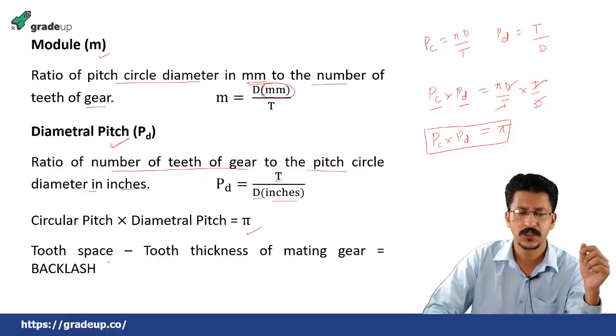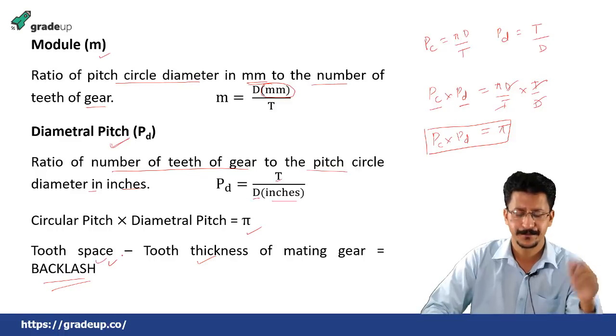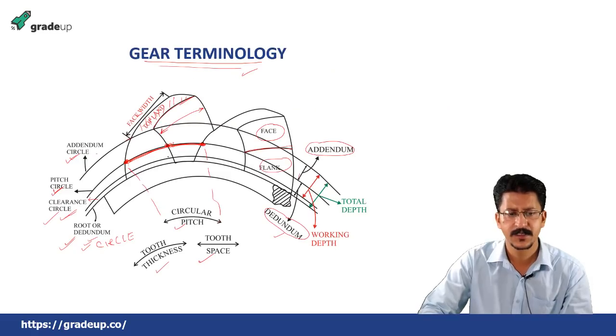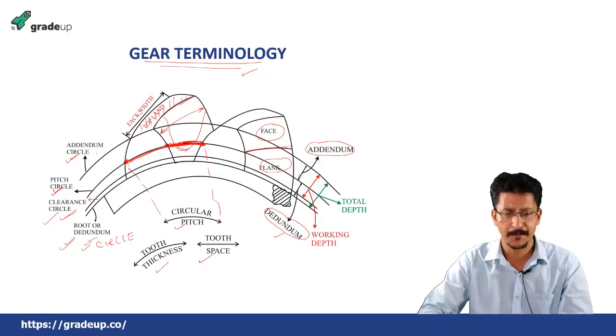Then tooth space minus the tooth thickness of the mating gear is known as backlash. We have seen that the tooth space is, let me show you once again. This is the tooth thickness, and this is the tooth space. If another gear comes in mating here, the tooth space minus the tooth thickness of that gear is known as backlash.